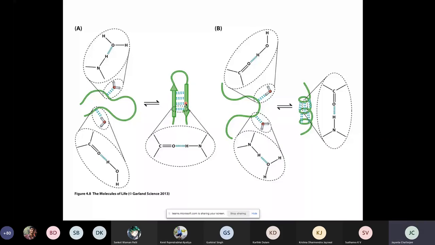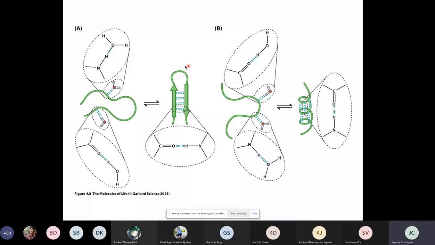Now what happens is you have the formation of intramolecular hydrogen bonds, right? This is very similar to the anti-parallel beta sheet that we have seen earlier. So this is sort of an anti-parallel beta sheet, okay? The only thing is that these two beta strands are connected via a loop. These kinds of loops are called beta turns, which we will see a little later.